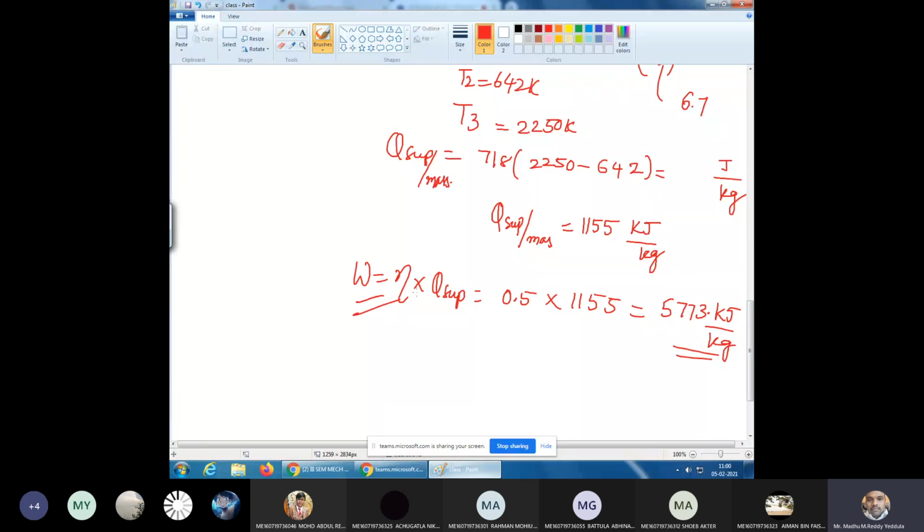This is the work done, and we calculate thermal efficiency. Is it clear? Yes, sir. Right. We will go to the next problem.